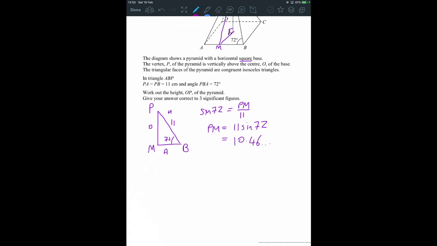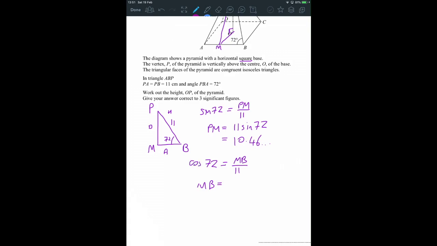Or we can use the same triangle that we've already got here. We now have the adjacent. So cos 72 is the adjacent, which is MB, over the hypotenuse 11. Sorry, not sine this time, we're now cos for the adjacent.